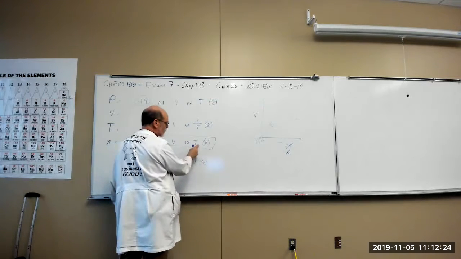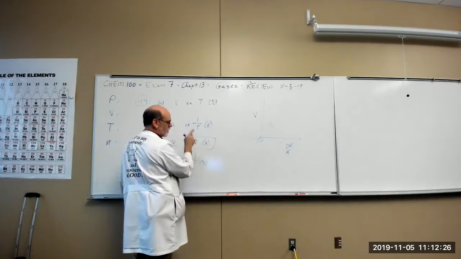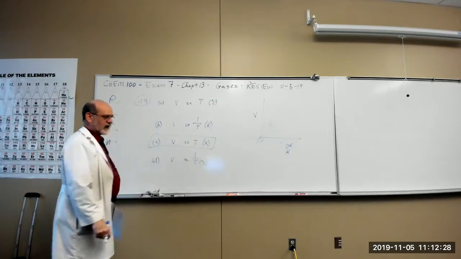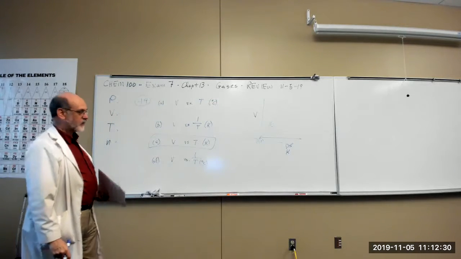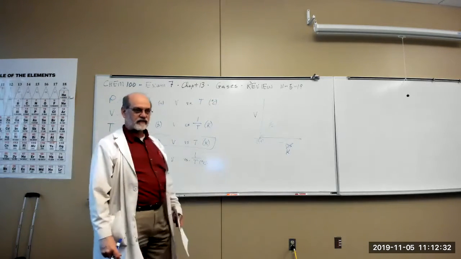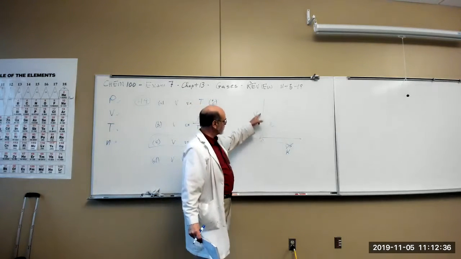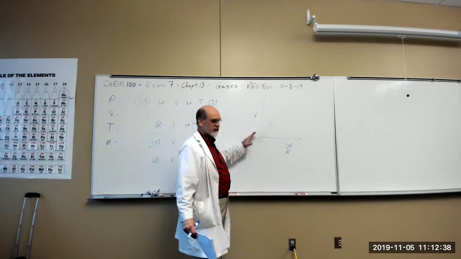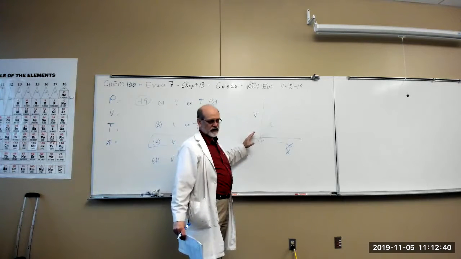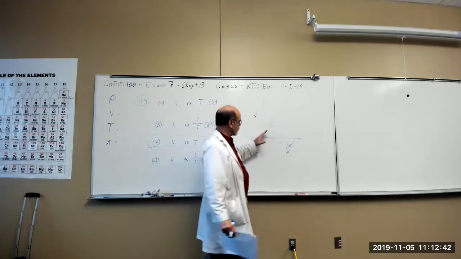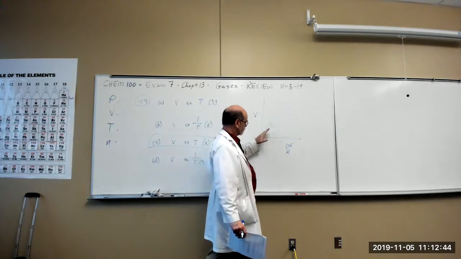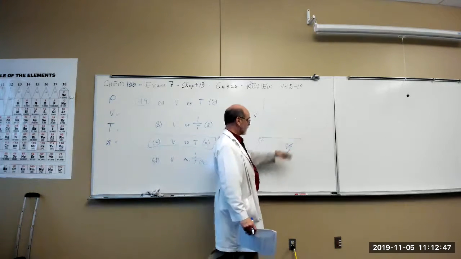Volume versus temperature in Kelvin will send you a straight line through the origin, because there's no such thing as a negative K. There's no way that it can intercept up here, because that would be a negative K temperature, and they don't exist. So they have to go through 0 or anything above it.